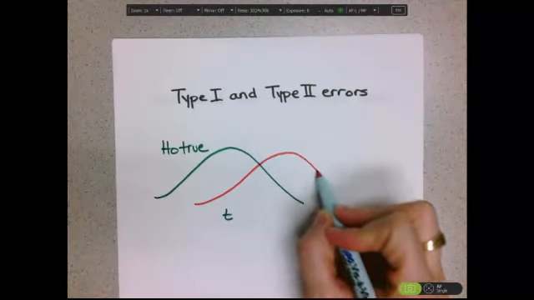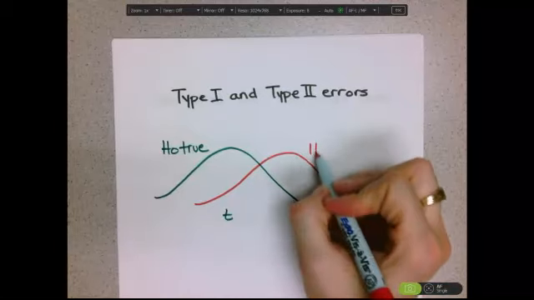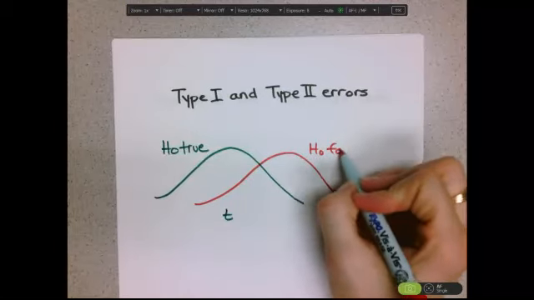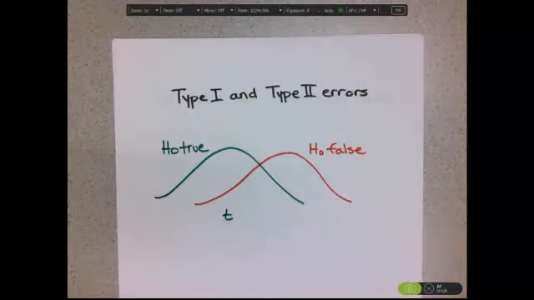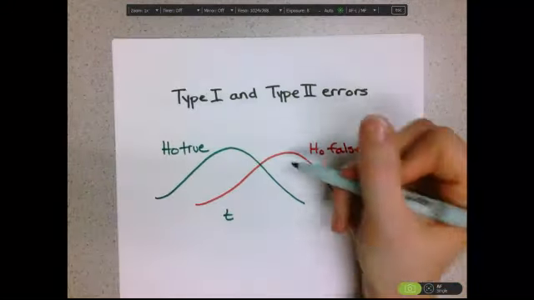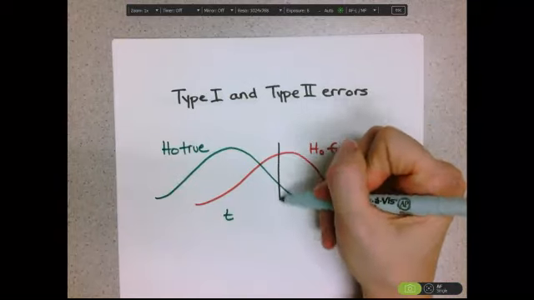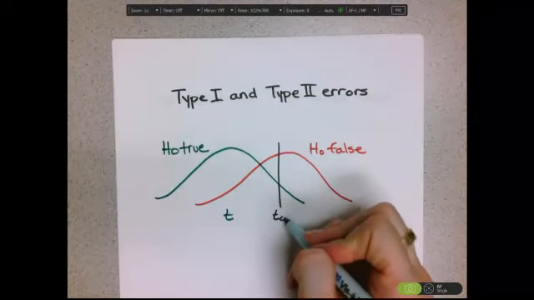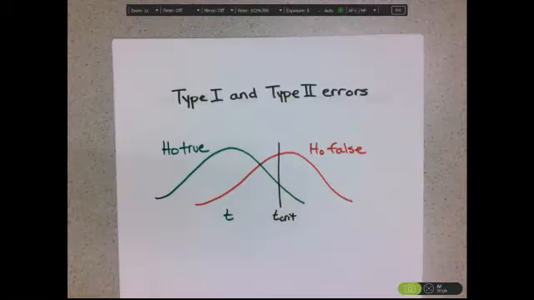So we have another distribution here that's representing what we would expect if the null hypothesis was false. And say we have our critical value of t. Okay, so this is based on our statistical decision rule. Now when we look at this, we have a distribution for the null hypothesis being false and a distribution for the null hypothesis being true.